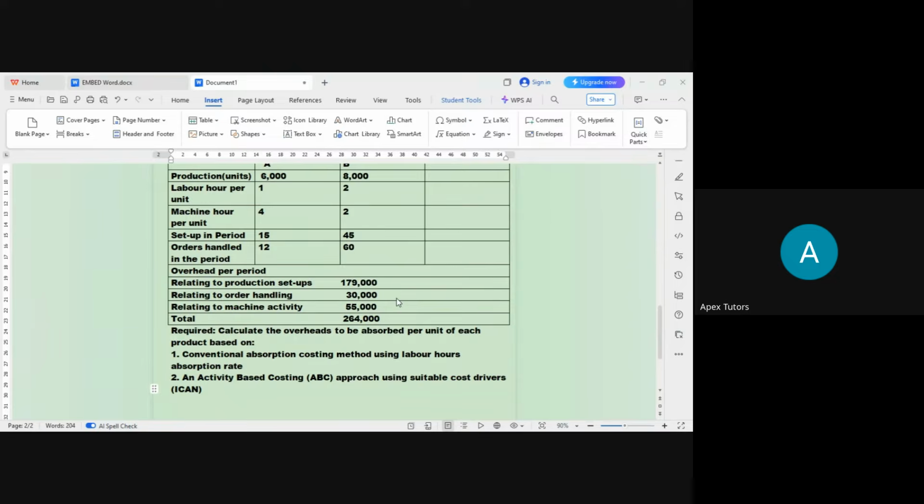So this is the question. We are asked to use the conventional approach, which is the same as the traditional method, to determine the absorption costing using labor hours as the absorption rate, and activity-based costing using suitable cost drivers.